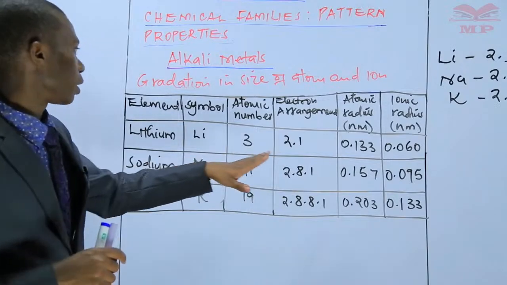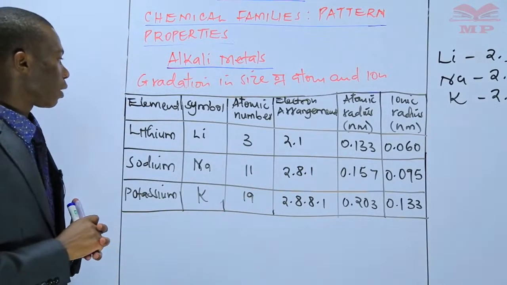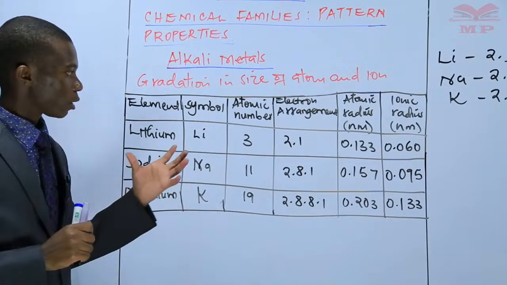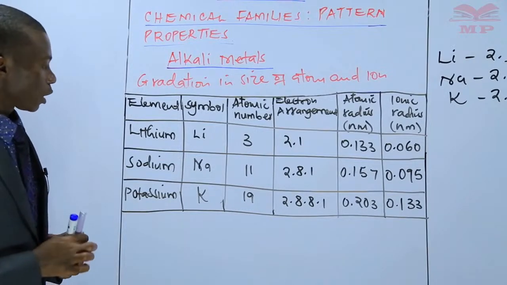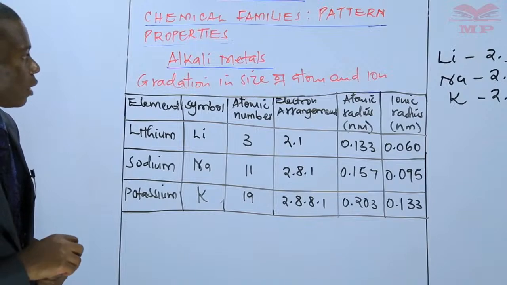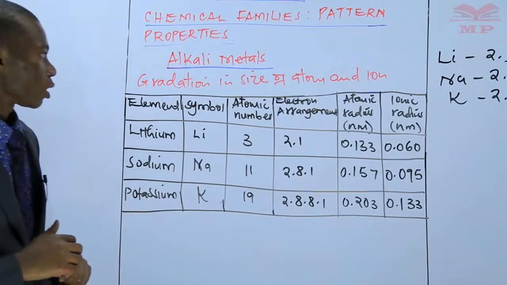If you look at the atomic radius, lithium has an atomic radius of 0.133. Then sodium, the atomic radius is 0.157. Potassium, the atomic radius is 0.203. The ionic radius for lithium is 0.060.